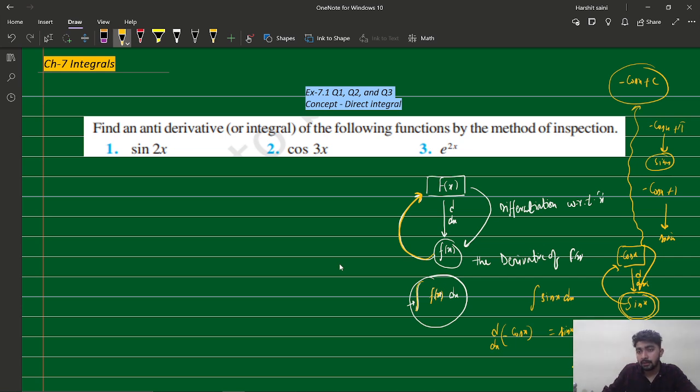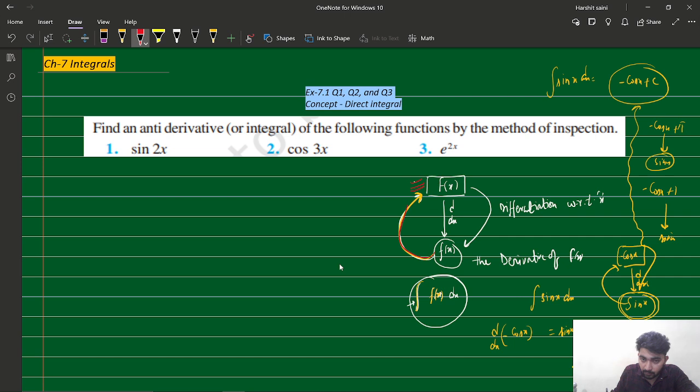This is our integral: integral of sin x with respect to x, we are getting minus cos x plus c. I hope you understood what is the meaning of the integral. Actually, the meaning, I'll recap again, is that we are looking for a function capital F of x. By differentiating that capital F of x, we are getting small f of x.